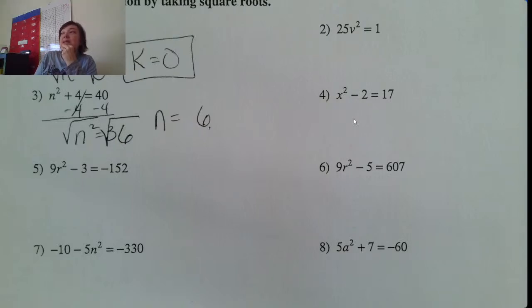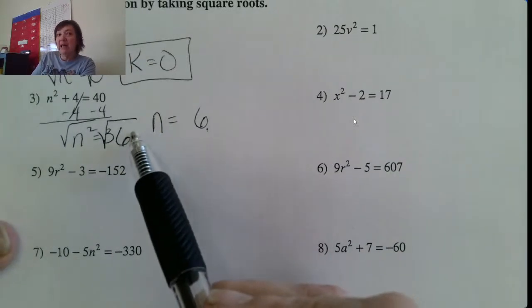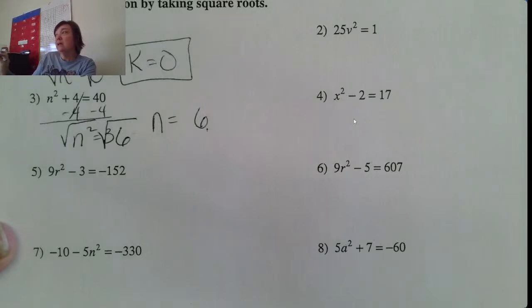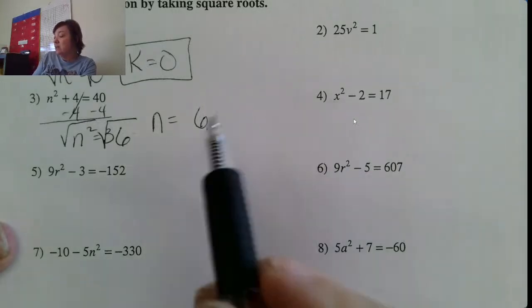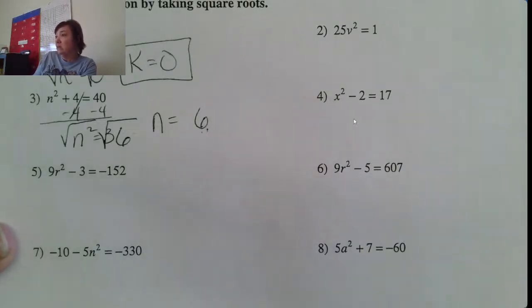What about negative 6? Is negative 6 times negative 6 also 36? So when we take the square root of 36, the answer is not just 6. The answer is 6 or negative 6, positive 6 or negative 6.